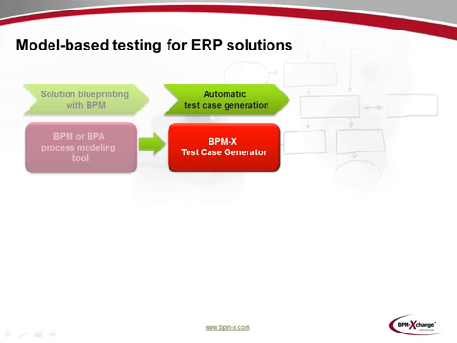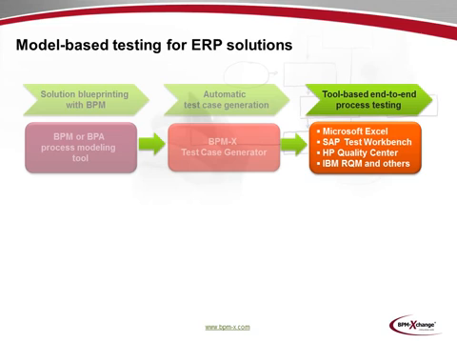The BPM-X test case generator of course addresses tool-based end-to-end process testing by providing deliverables in different formats such as Microsoft Excel, SAP Test Workbench, HP Quality Center, IBM Rational Quality Manager, and Visio, to name a few. Based upon the automatically generated deliverables, there are two basic alternatives for the execution of test cases.